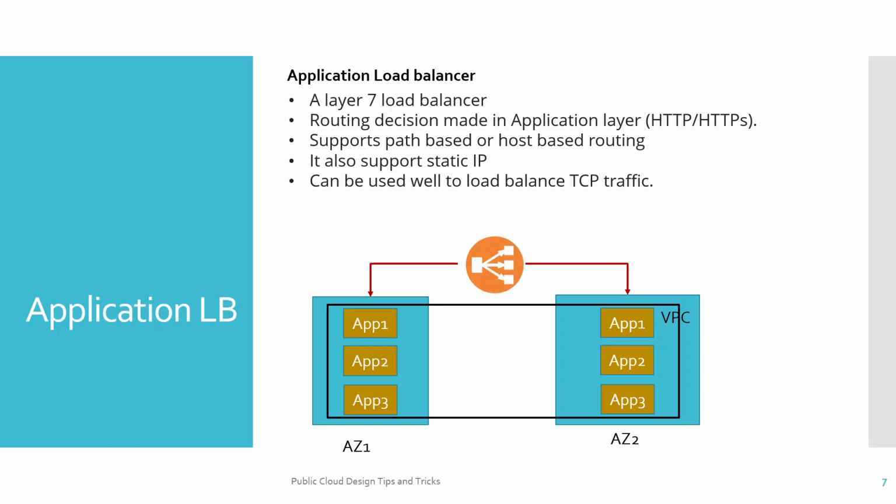It can also support static IP, and it can also be used to load balance TCP traffic. So in this example, there are different applications sitting in availability zones, and there is an application load balancer which is handling requests to route the consumer request to different applications based on path-based routing or could be host-based routing.